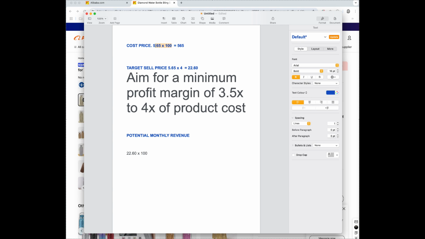So as you can see here, we bought 100 pieces, and our monthly revenue in this case is going to be $2,260. So this is a quick calculation of what you need to do.